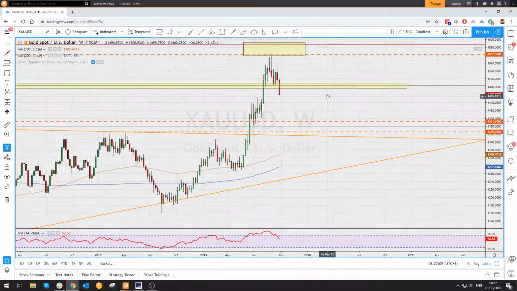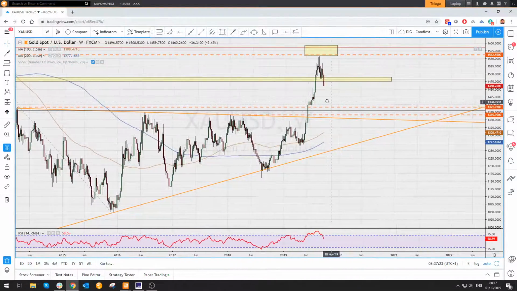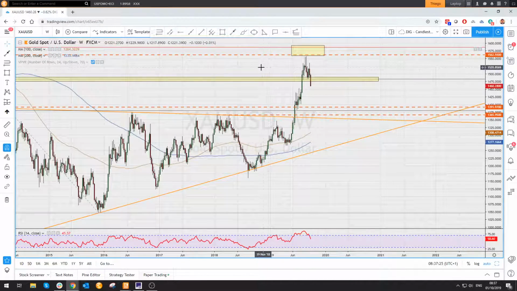So the question here is, how far can gold go? Is gold still bullish? What do you think? I think short term gold is bearish. Not because technically it does look a little bit more short-term bearish, but I think that gold will remain like this, going a little bit lower, while the dollar doesn't really reach that 100 level.